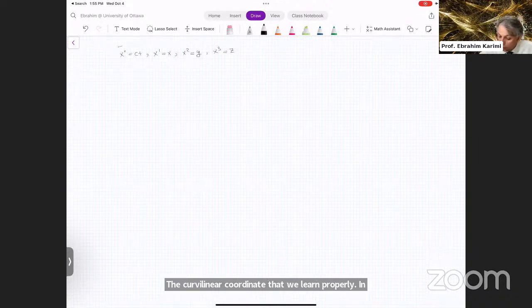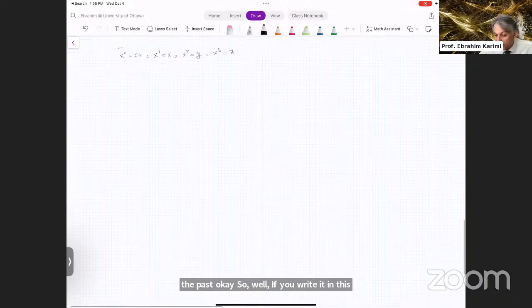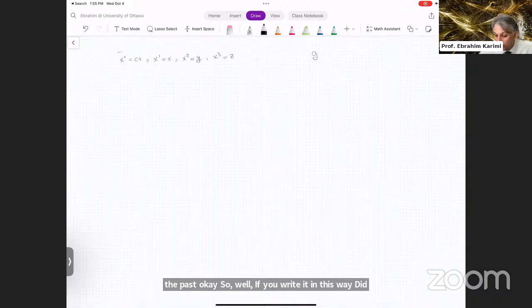If you write it in this way, the metric of this space, g mu nu, will be given by 1, minus 1, minus 1, minus 1.